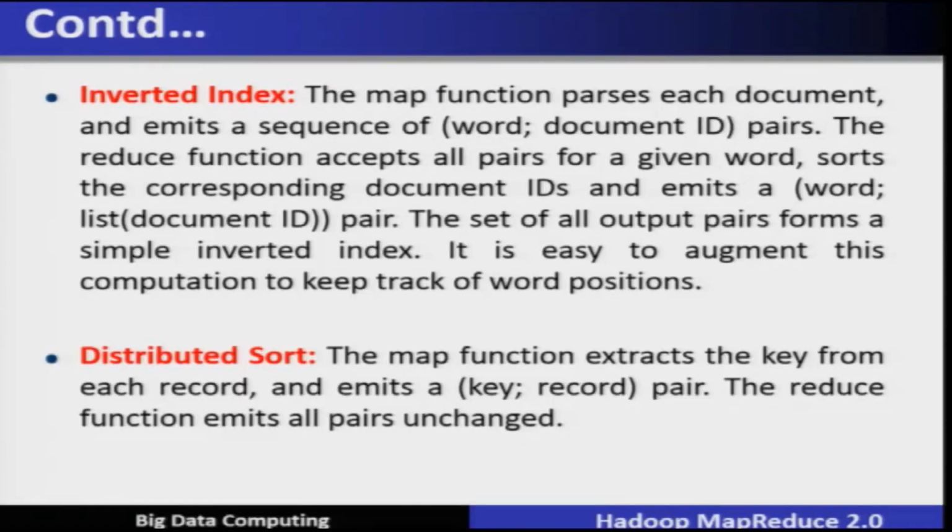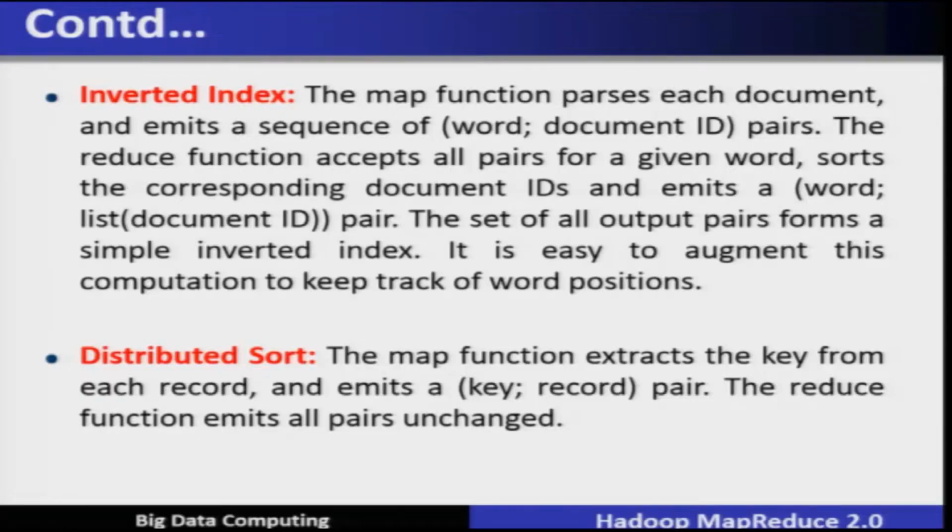Another application is the inverted index, which all the search engines mostly do. Let us see what this application is and how MapReduce can be used to program this inverted index.